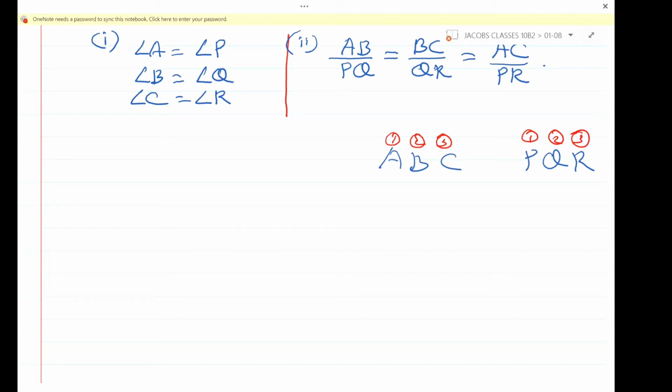It is believed that he used this result, the basic proportionality theorem, on similarity of triangles. A famous Greek mathematician, Thales, gave an important truth relating to equiangular triangles. Equiangular means they are similar triangles. So that is under his name: Thales theorem or basic proportionality theorem, BPT.